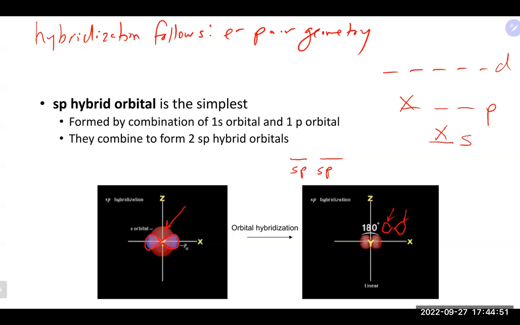Our electron pair geometry for 2 electron pairs is linear, and that goes with the sp hybridization. Don't overthink it. s and p is two electron pairs. Sp is the hybridization for anything that has 2 electron pairs around it.